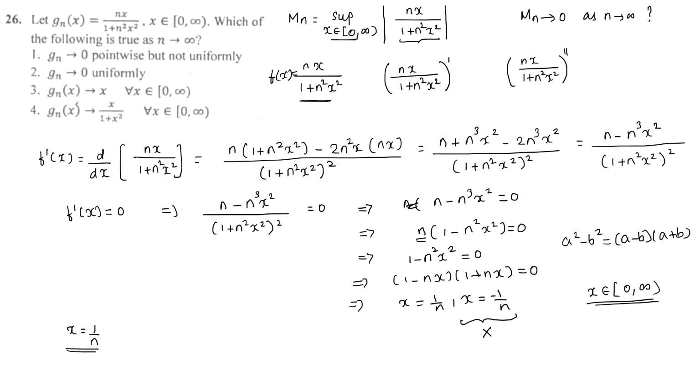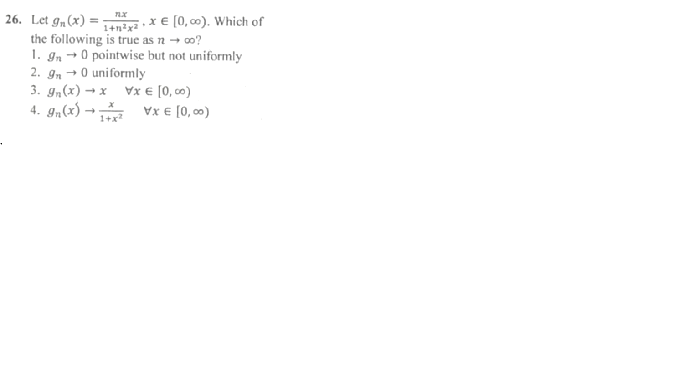Second derivative: f double dash of x is equal to d by dx of the first derivative, which is n minus n cube x square by 1 plus n square x square whole square, and this is equal to, again by quotient rule, after simplifying, I am writing the final answer only.